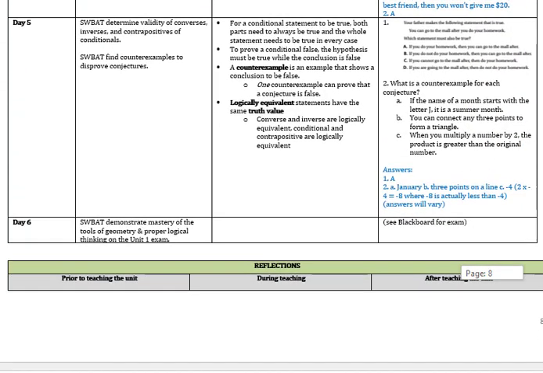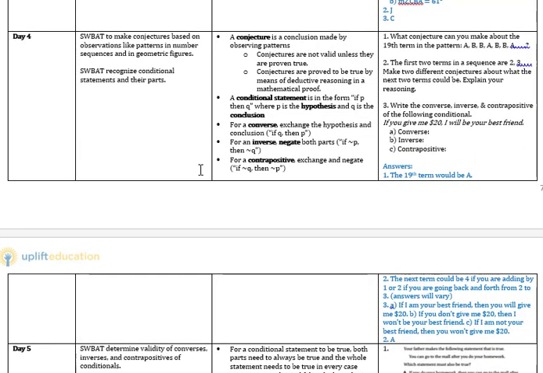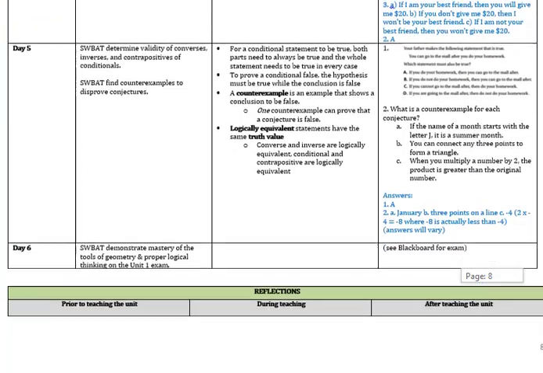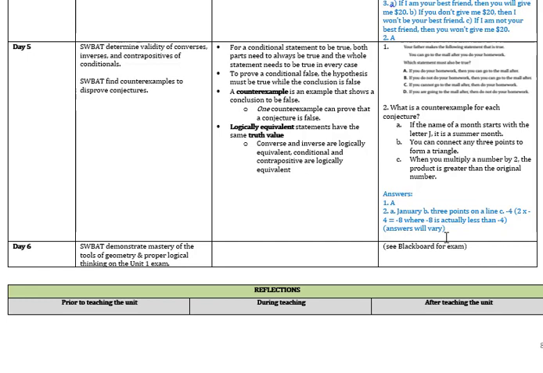Day 5 is talking about validity of converse, inverse, and contrapositive. If you didn't talk about the truth value up here, where I said I did stand up or sit down if it's true or false, then you can do that activity here. Counterexamples are important. A lot of times, if I ask students what a counterexample is for a statement, they'll give me a long sentence of explanation.